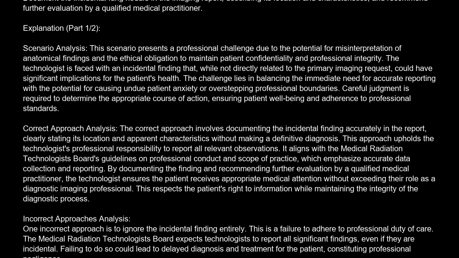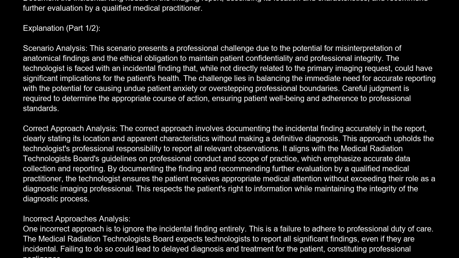The correct approach involves documenting the incidental finding accurately in the report, clearly stating its location and apparent characteristics without making a definitive diagnosis. This approach upholds the technologist's professional responsibility to report all relevant observations. It aligns with the Medical Radiation Technologists Board's guidelines on professional conduct and scope of practice, which emphasize accurate data collection and reporting.